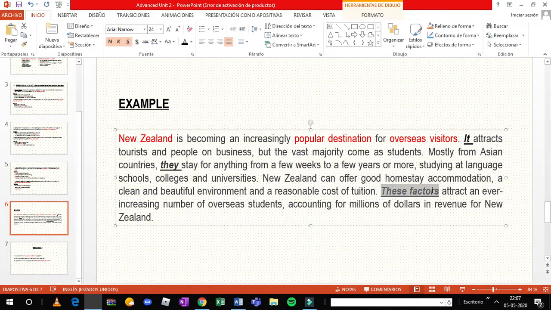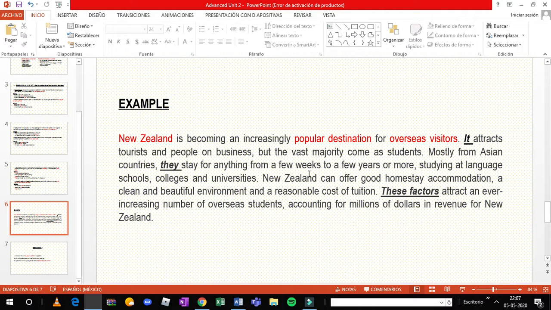These factors. Which factors? The previous sentence is short. So in this case, I have to check the elements, the words, persons the sentence was referring about.